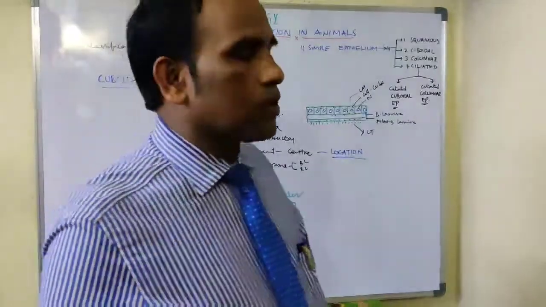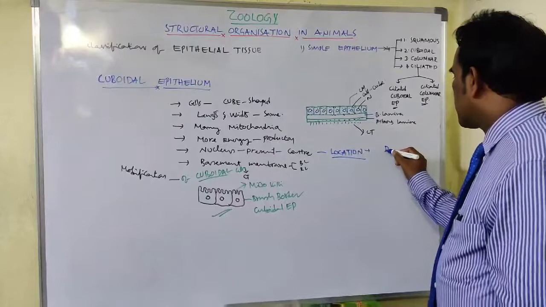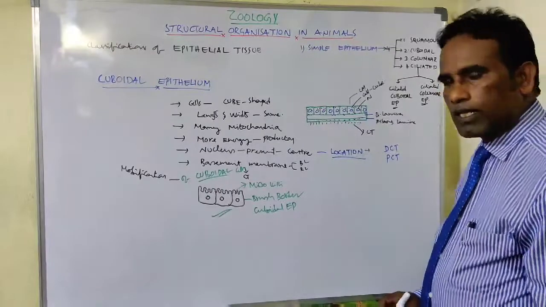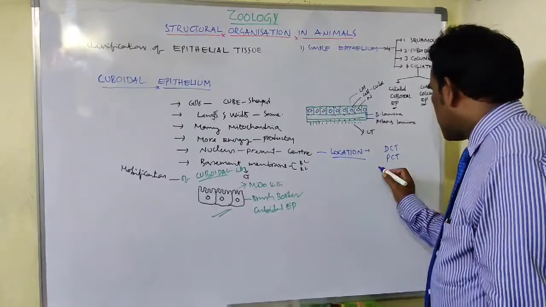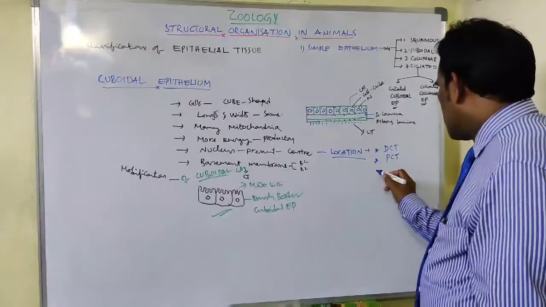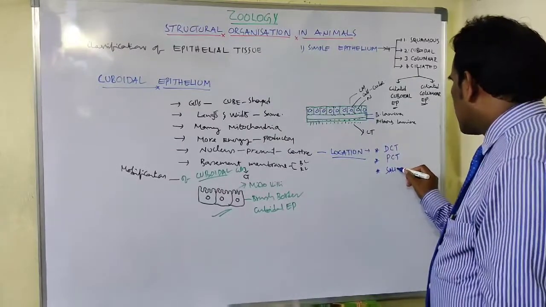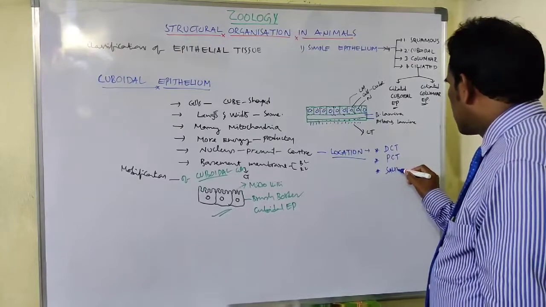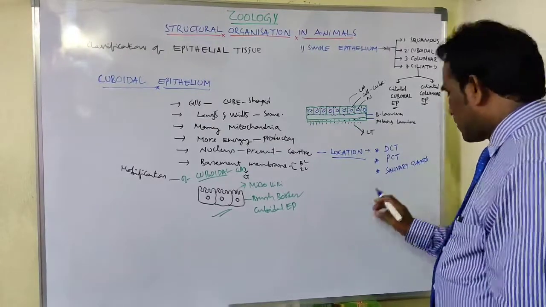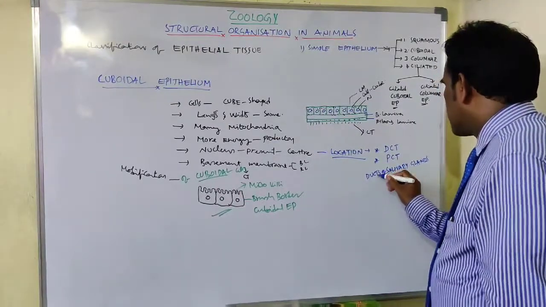The location of cuboidal epithelium: it is present in the DCT, distal convoluted tubule, and PCT, proximal convoluted tubule, part of the nephron, and also in the ducts of salivary glands.